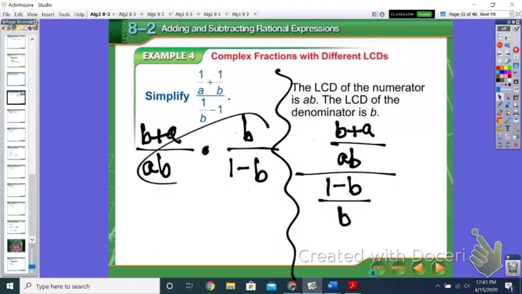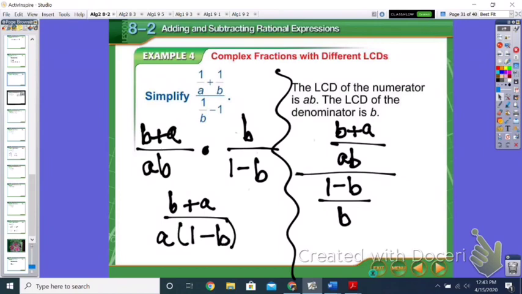Well, the only thing that jumps out at me here is on that diagonal, I could divide by B, or I can get rid of those B's. So I should be left then with B plus A over A times 1 minus B, right? If I want to, I can distribute the A in the denominator, B plus A over A minus AB. Either of those I would say is acceptable.